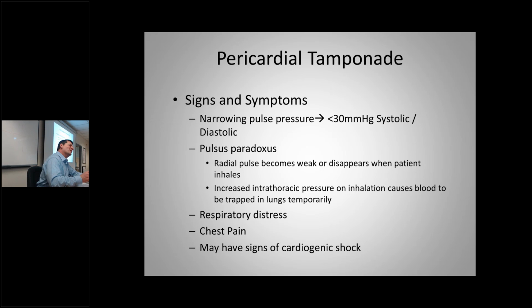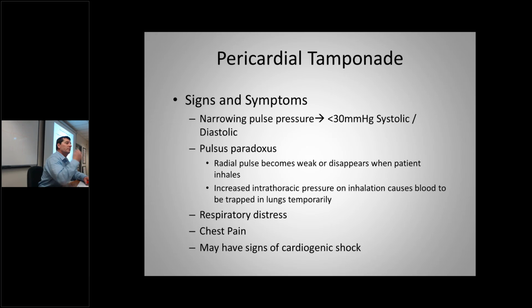Cardiogenic, you would probably see bradycardia, a thready pulse, or nothing. But on this, I'll let you know, they won't actually be bradycardic. They can actually be tachycardic. With pericardial tamponades, they can be more tachycardic because the heart is trying to beat and move around. But your pulse is going to disappear and go away.